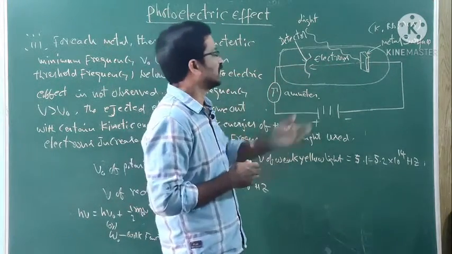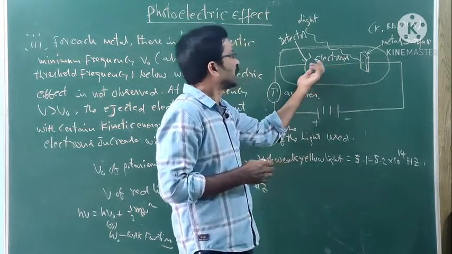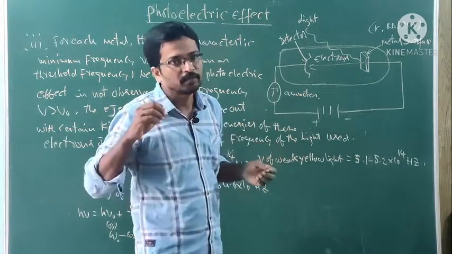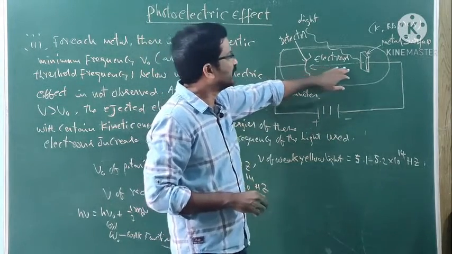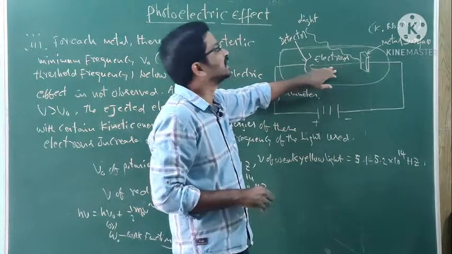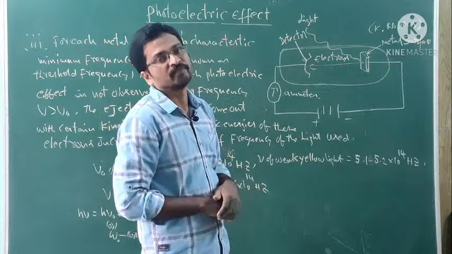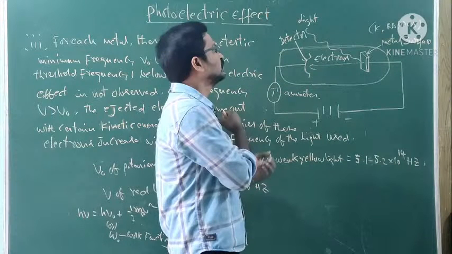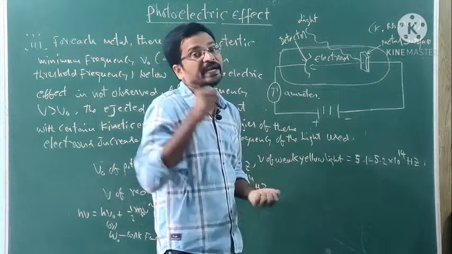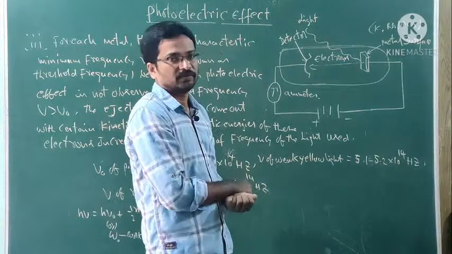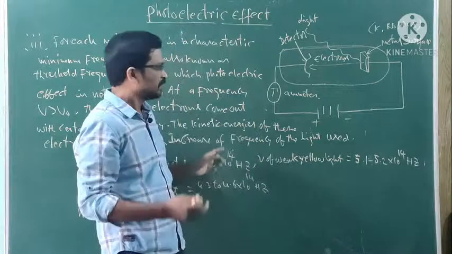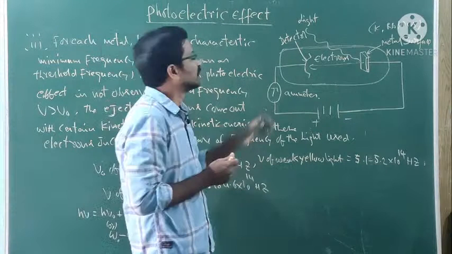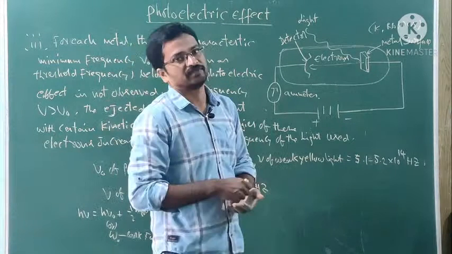This extra energy is converted into electron movement, so electrons come out forcibly, with greater kinetic energy. The total energy minus the threshold energy gives a certain energy, which is utilized for the movement of the electrons.